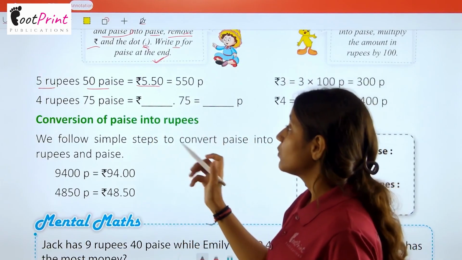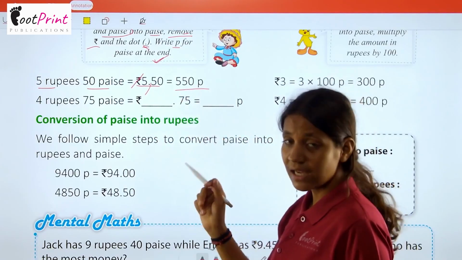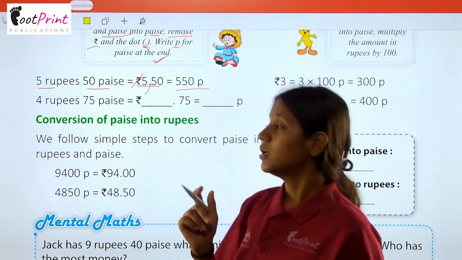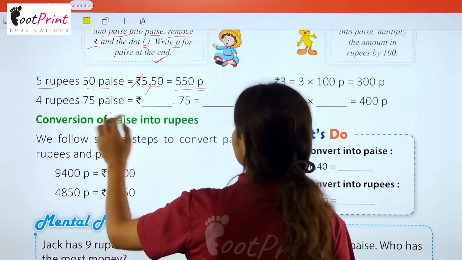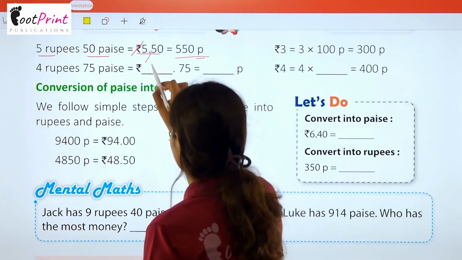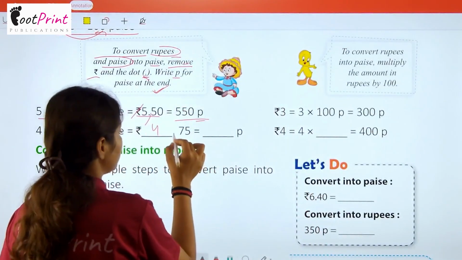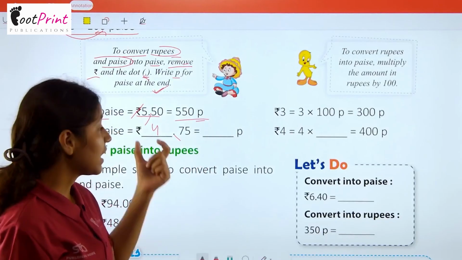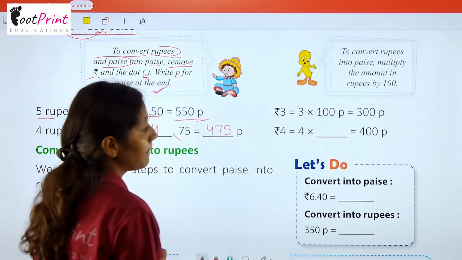So what you have to do here, remove this point and remove this symbol, just write 550 and P for denoting paise. Similarly, we have a question here like 4 rupees 75 paise. So it will be 4.75 rupees. And removing this dot and the symbol of rupee, we are getting here 475 paise.